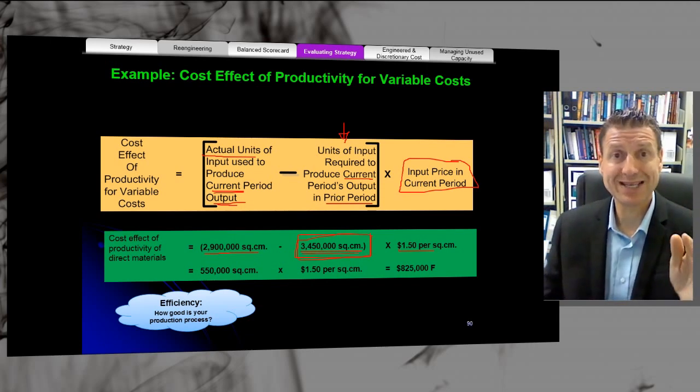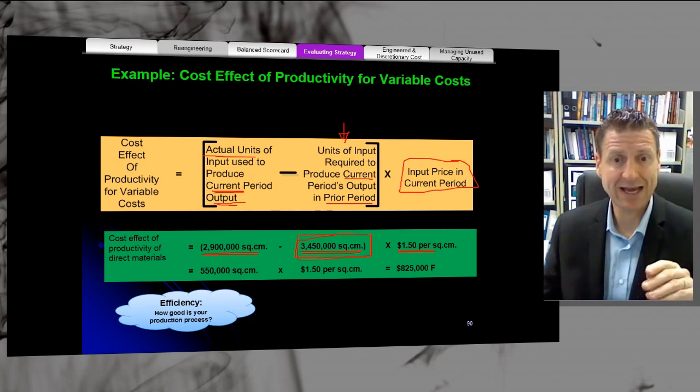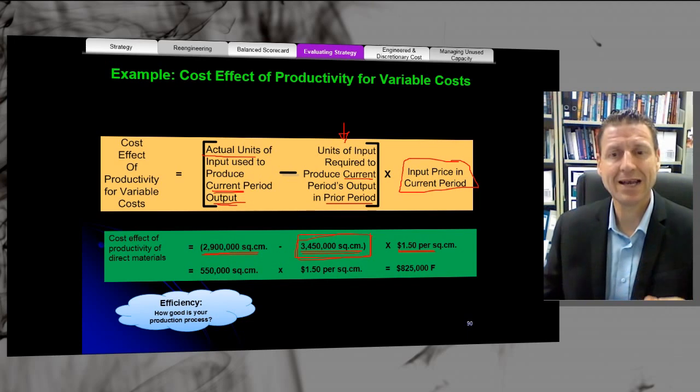Based on 2012 efficiency, we should have used 3.45 million square centimeters, but we only used 2.9 million square centimeters. We multiply that by $1.5 per square centimeter, and then we get our 825,000 favorable. That's a great thing. Why? Because our costs are less.